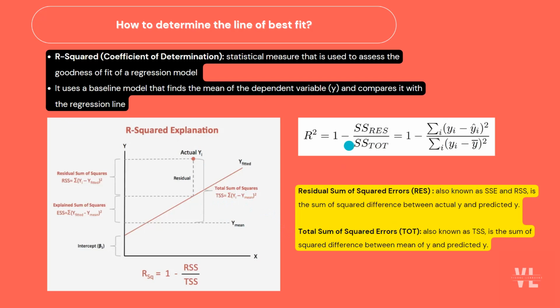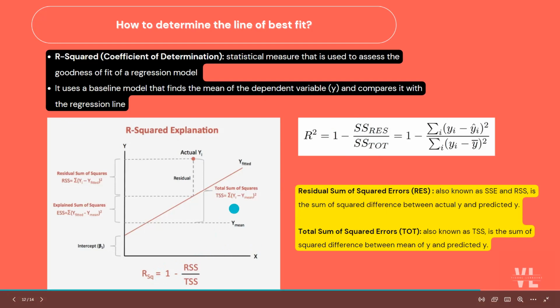That is going to be the term in our denominator. So the R squared is just the difference between 1 and the result of dividing these two terms, which are the RSS and the TSS.